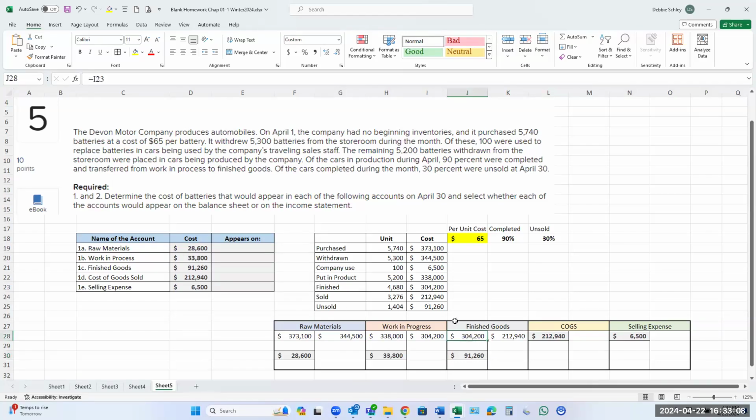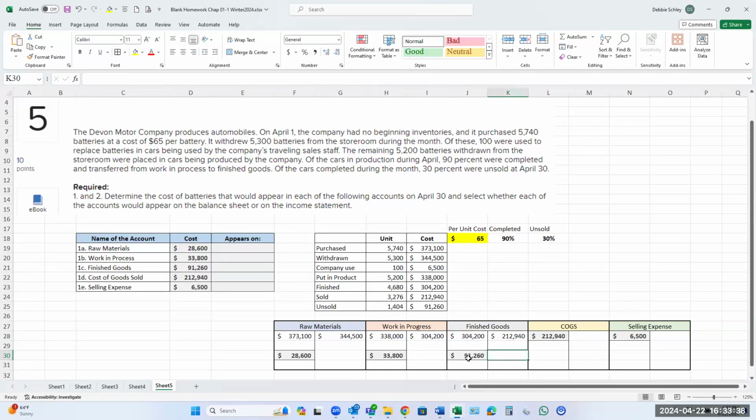Okay, finished goods. Again, that's our finished, right? They told us it was finished. And then what got sold comes out of finished goods and becomes the cost of goods sold there. So our balance for finished goods is what came in from work in process when it was finished, and then the cost of goods sold that went out when they were sold.